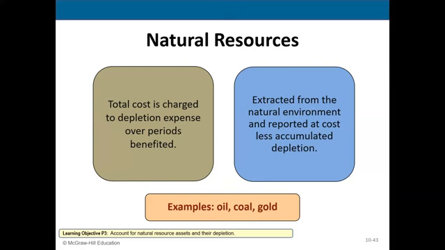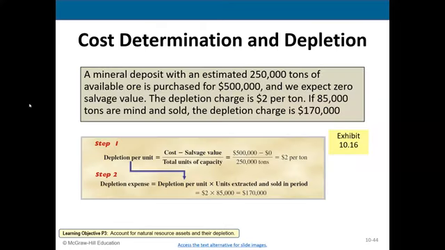Okay, so we have to recognize the cost of this. We look at the total cost charged to depreciation expense over the periods that it benefits the company, and it's based off the amount that we're extracting from the earth. That is cost minus depreciation. It is a two-step process, and it's very similar to the depreciation process.